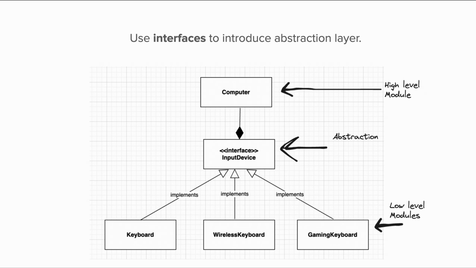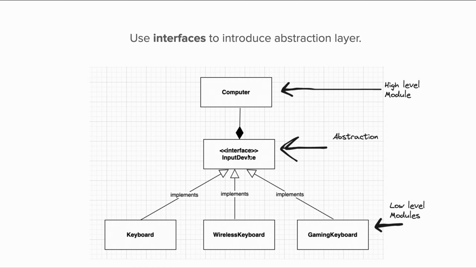So we can use an interface to create that abstraction on which both high level and low level module depends. So computer is a high level module, and instead of directly depending on a specific keyboard instance, it depends on this input device interface, right?